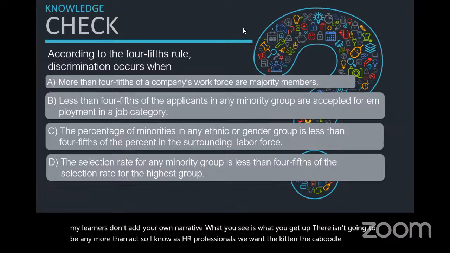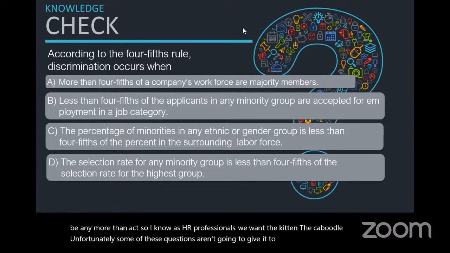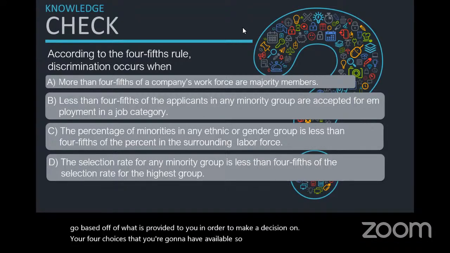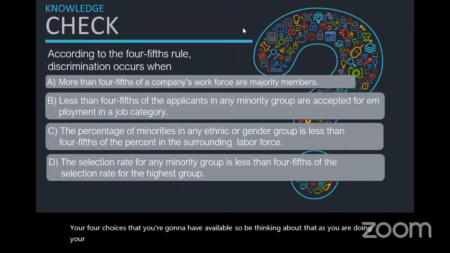Unfortunately, some of these questions aren't going to give it to you. You're going to have to go off of what is provided to you in order to make a decision on your four choices. So be thinking about that as you are doing your pre-assessments in HRCP and as you are gearing up to take your exam at the end of this 16-week course.